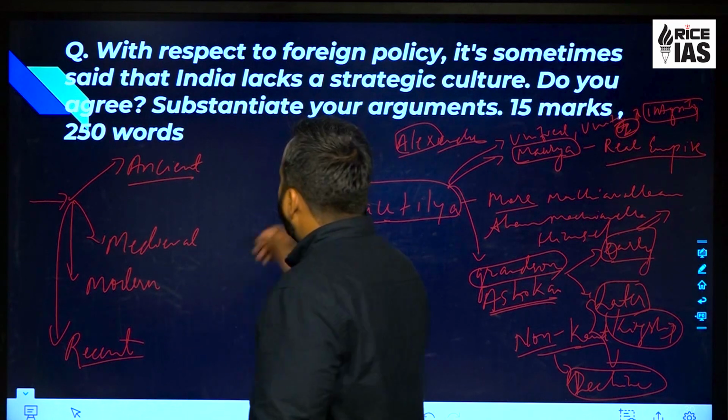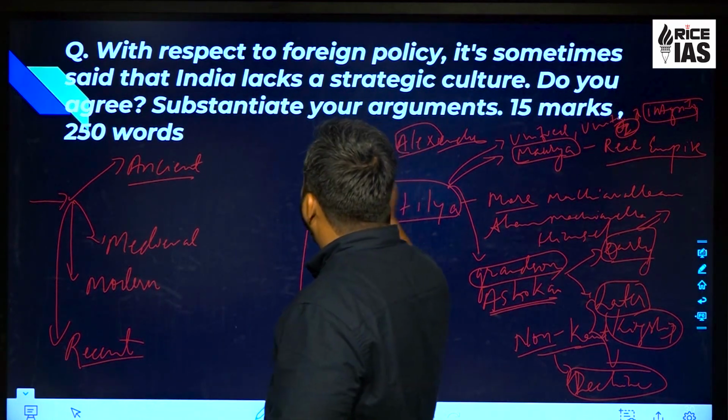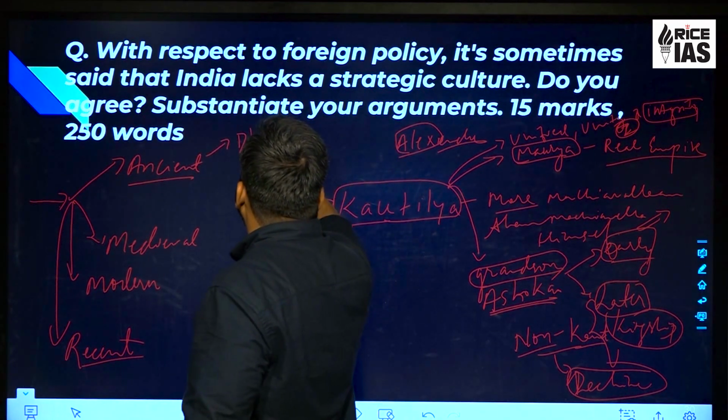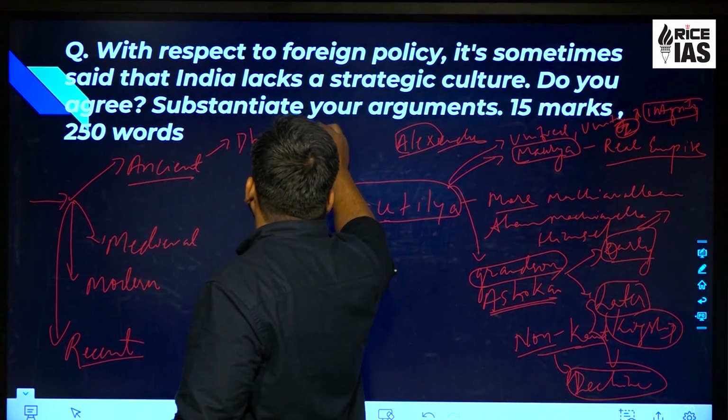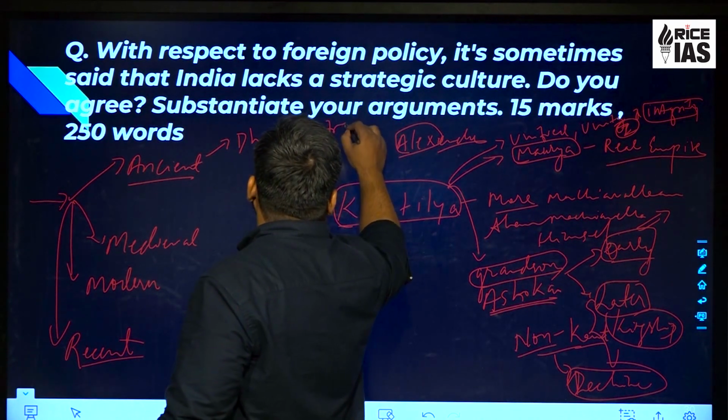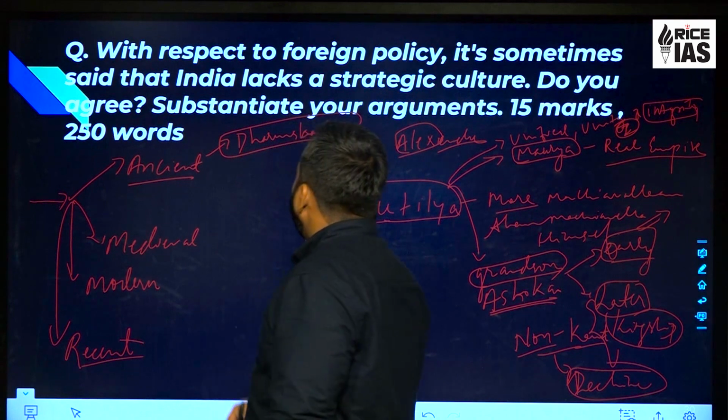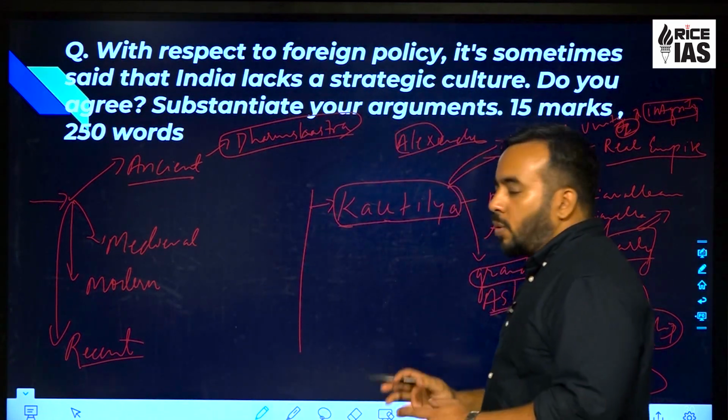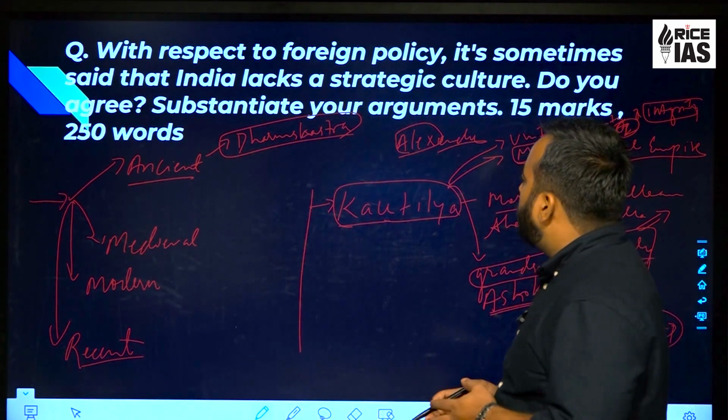In ancient we have the Kautilyan example, but even before Kautilya, in the Dharma Shastra tradition, do we have some kind of informed positioning on foreign policy?